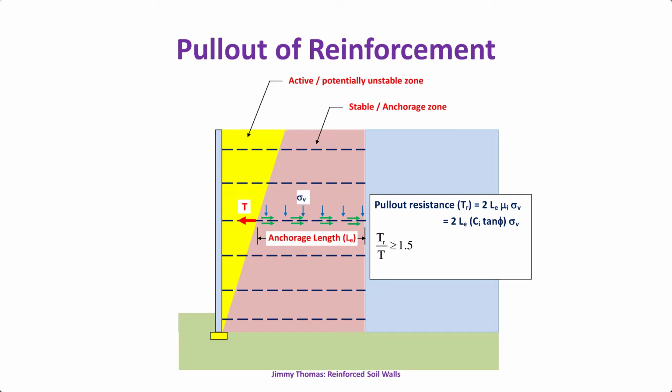It will never pull out actually. If at all, it will break in tension only. But the upper 2 or 3 layers, we have to check for pullout. Because as we come up, the anchorage length is reducing, plus normal stress is also reducing. But of course, our tension also will be less. But still, upper 1 or 2 layers, sometimes the pullout may be a problem. So we'll have to increase the length.